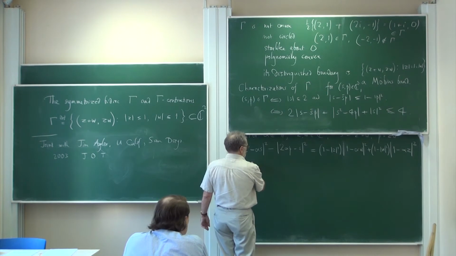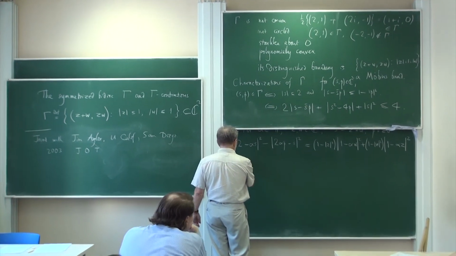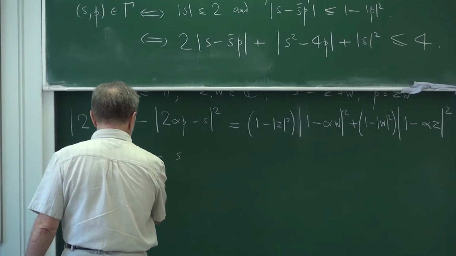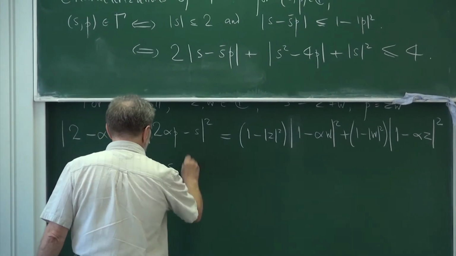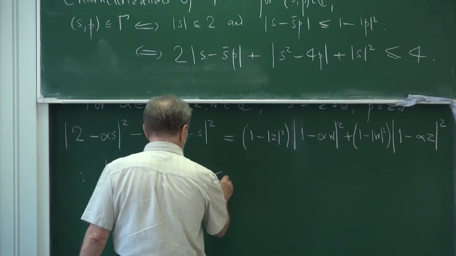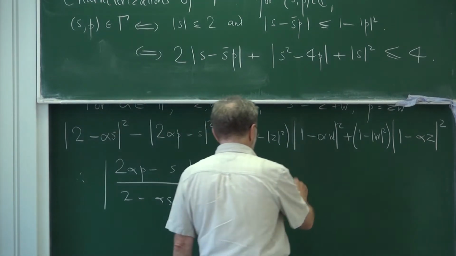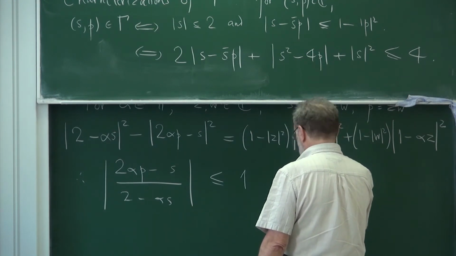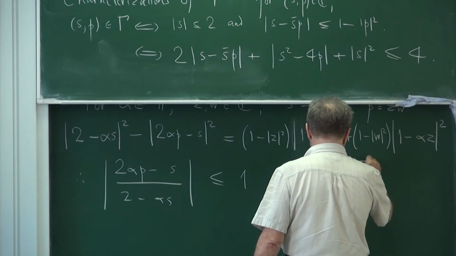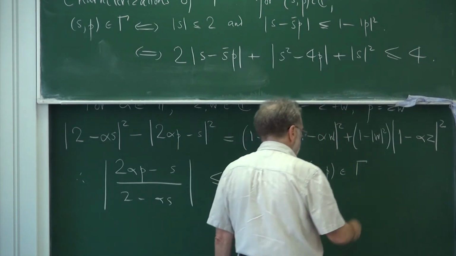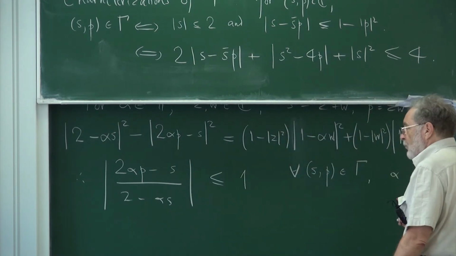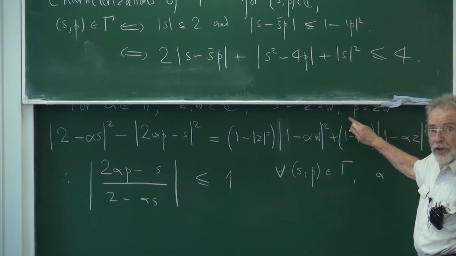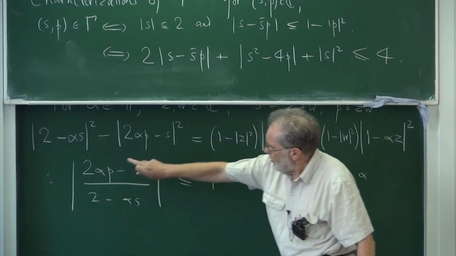And so you get the modulus of (2 alpha p minus s) over (2 minus alpha s) is less than or equal to 1 for all (s, p) in gamma, and alpha, well, initially I took alpha to be on the unit circle, but actually you can see this is a rational function.